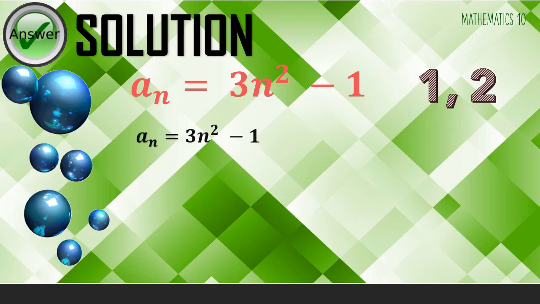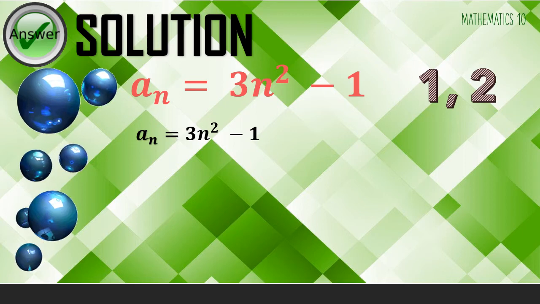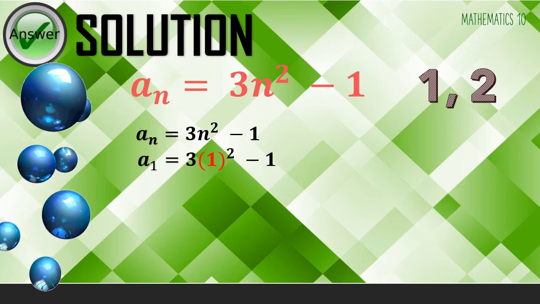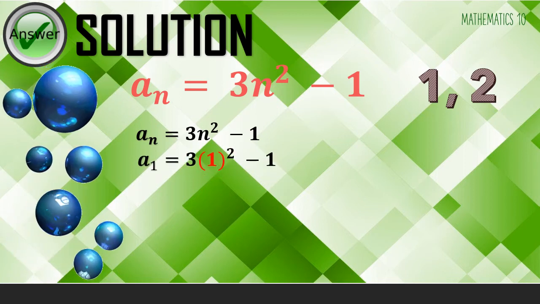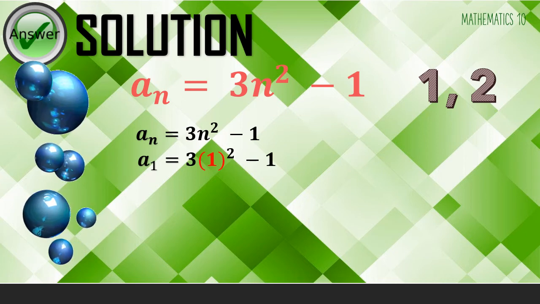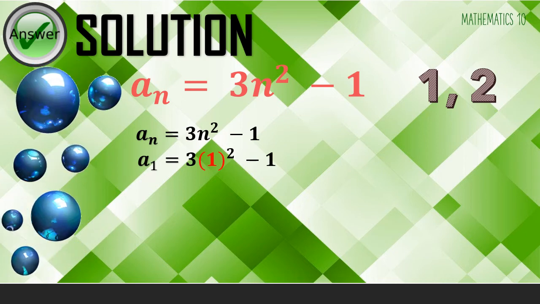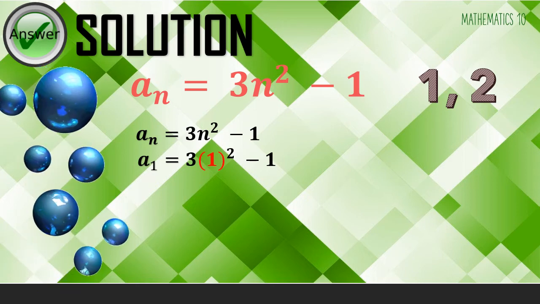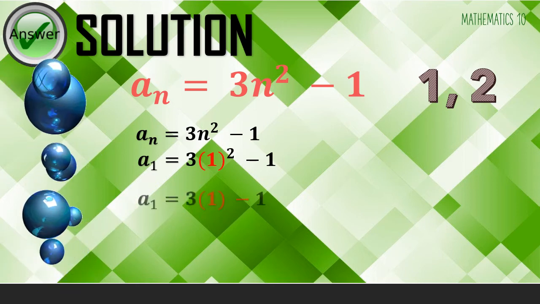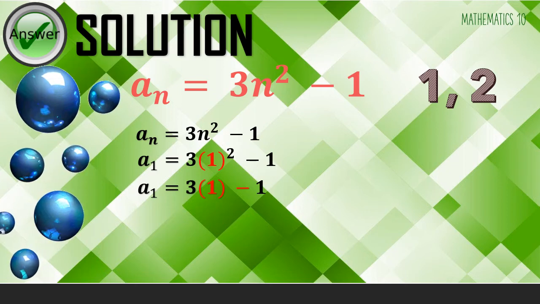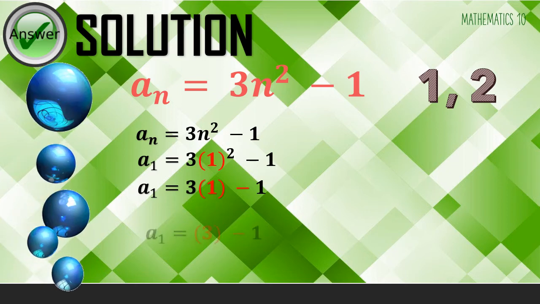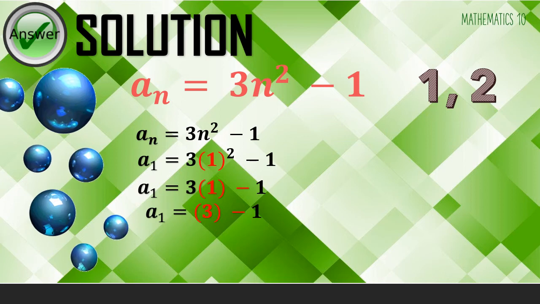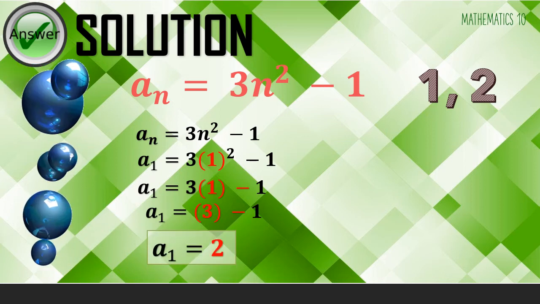So, substituting 1 in our given equation, changing all the n's in the equation by 1, we'll have a sub 1 equals 3 times 1 raised to 2 minus 1. So here, simplifying, 1 raised to 2 is 1. Then 3 times 1 is 3. 3 minus 1 will have 2.